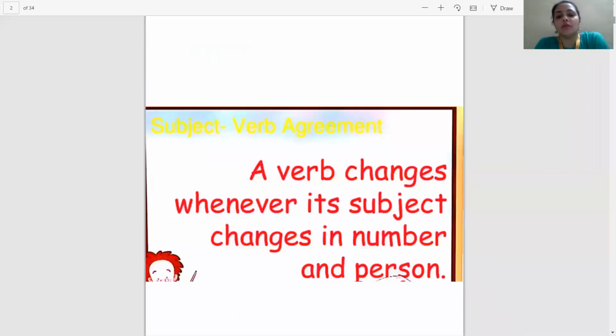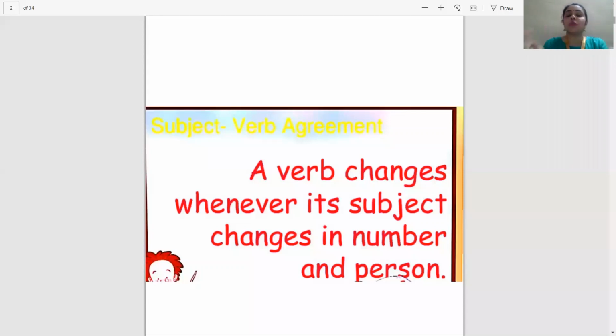Okay, so now what is a subject? First of all, we all know that the subject is the doer part, or who or what we talk about. You all know the construction of a sentence: the subject comes first and the verb comes later.